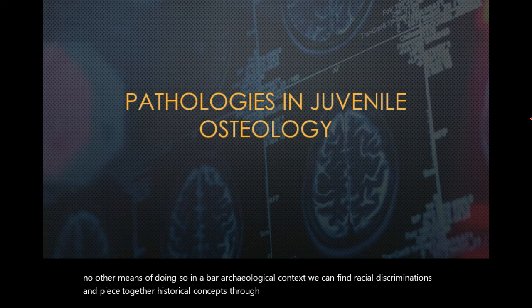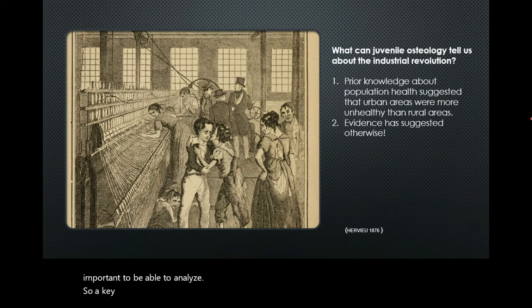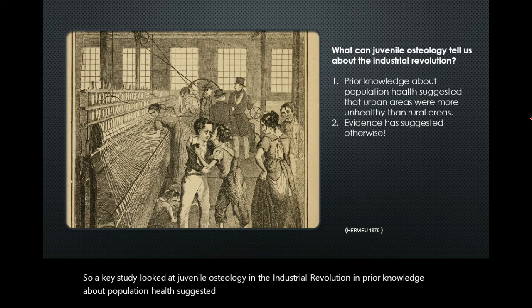Pathologies in juvenile osteology are also important to be able to analyze. So a key study looked at juvenile osteology in the Industrial Revolution, and prior knowledge about population health suggested that urban areas were more likely to have unhealthy children because of the intense labor associated with it.